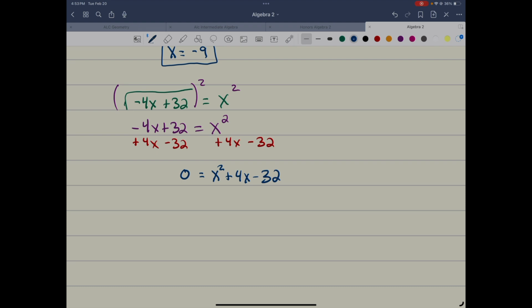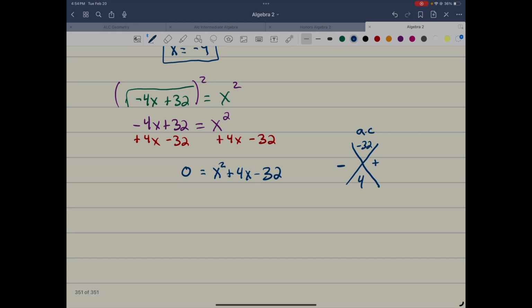So I've got a quadratic trinomial, so we're going to try the x method. Top is a times c, so -32. Bottom is 4. I've got a negative in the top number, so that means one's got to be negative and one's got to be positive. They have to have a difference of 4, so it looks like we've got -4 and +8. -4 plus 8 is 4, so that works.